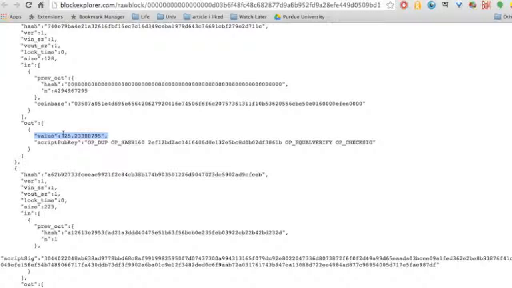What does that mean? That means in a previous transaction, somebody should have sent that much Bitcoin to that specific Bitcoin address that you are now going to use as the input Bitcoin address. That makes sense?